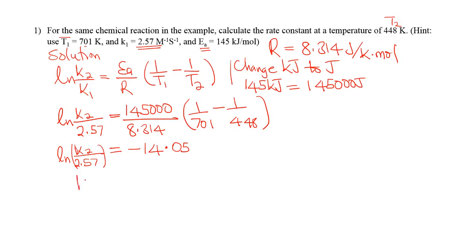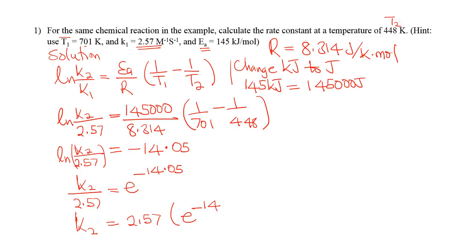So I will say K2 divided by 2.57 is equal to e to the power negative 14.05. Therefore, K2 is 2.57 parentheses e to the power negative 14.05.